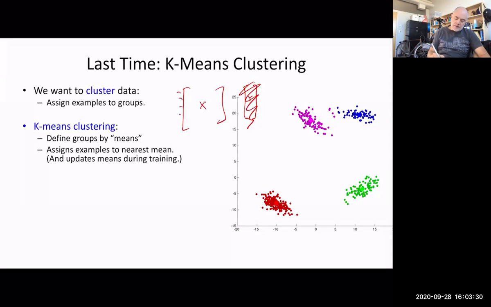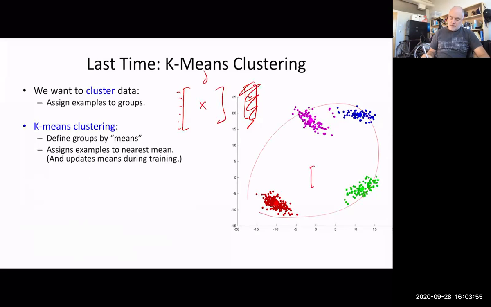And we'd like to take our examples living in some d-dimensional feature space and assign them or group them somehow, right? So here's our canonical example over here with some data items living in two-dimensional feature space. And we'd like to be able to basically color this plot, assign them to clusters, right? So k-means clustering defines the groups by the means.